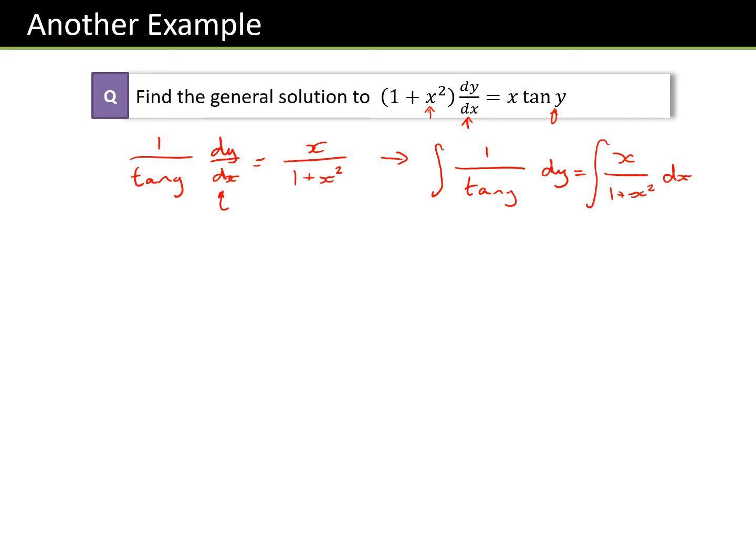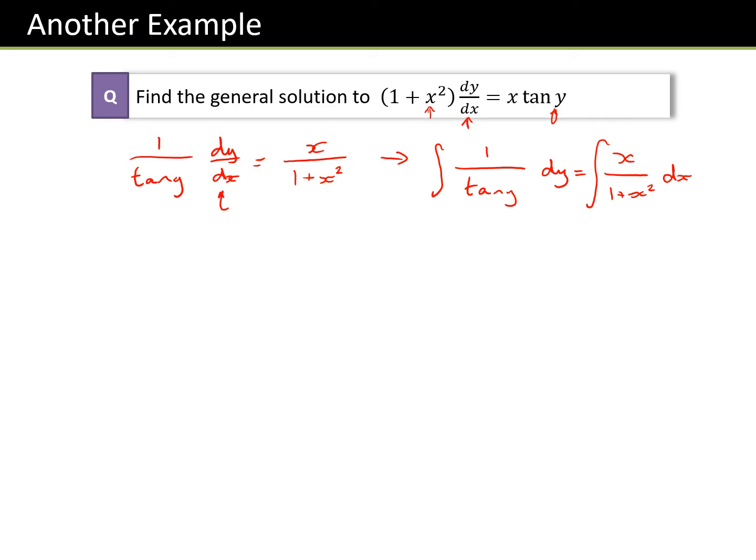Okay? Now, at this stage, the right hand side looks like something I could integrate. The bottom doesn't have an overall power, so it's going to be a natural log. The top looks relatively similar to the differential of the bottom, so we could use the reverse chain rule.